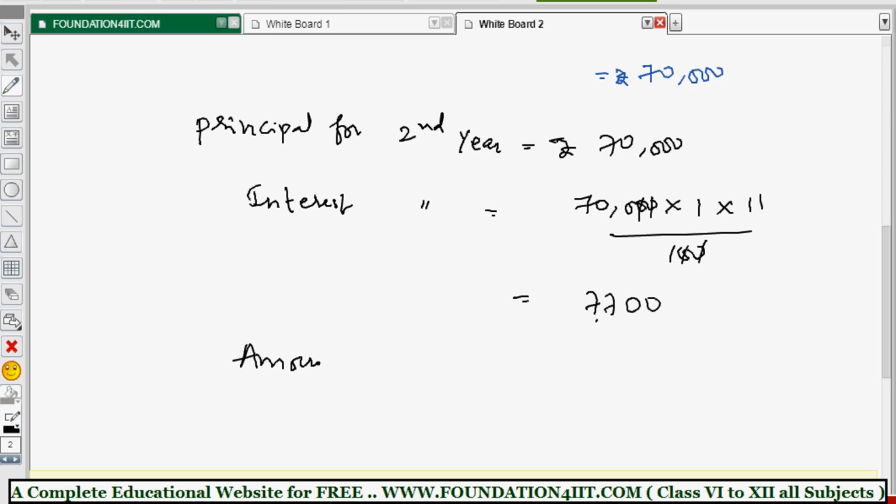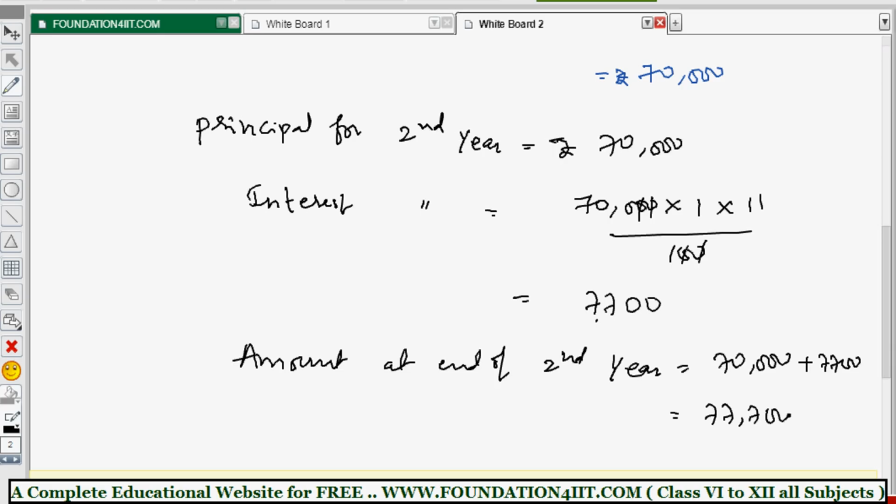Now amount at the end of second year. Therefore, after interest, immediately find out amount. Amount at end of second year is principal for second year, 70,000. From this, we should add the interest, 7,700. Okay, 70,000 plus 7,700 is 77,700.